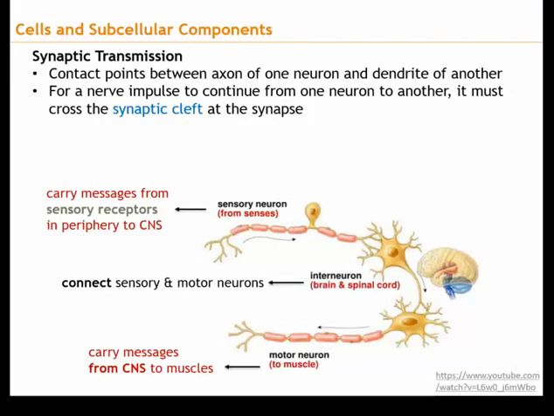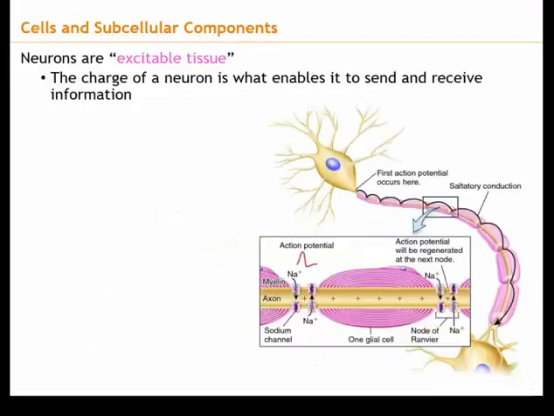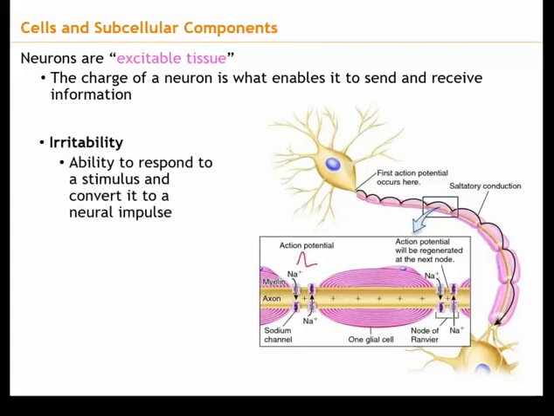Okay, so I hope that helped go into a little bit more detail. So continuing, let's talk about some other components of neurons. We already know they're excitable cells, so they're able to receive information, process, and send that information. Two other terms here: irritability and conductivity.